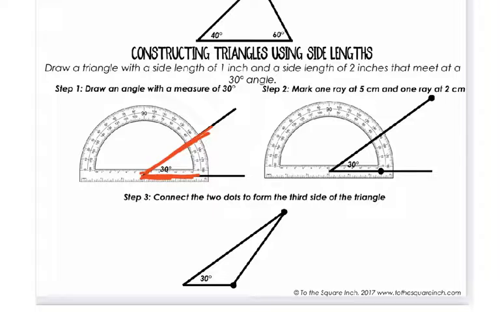So once we've drawn that first angle, we can measure out 5 centimeters this direction, right? Oh, excuse me, I did that wrong. Hold on. It says we can mark one ray at 5 centimeters and one at 2 centimeters. So of course, here would be our 2 centimeters. Over this way would be our 5 centimeters. And then we would just go ahead and connect the two dots to form the third side of the triangle, which would be this one here. Okay.